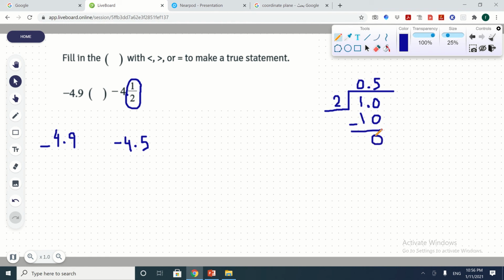We finish this long division. After the point, we will cross this 0 because we have a whole number here. After the point, we will add 5. Now, which number is greater? The small one will be greater than the big one here because both numbers are negative.